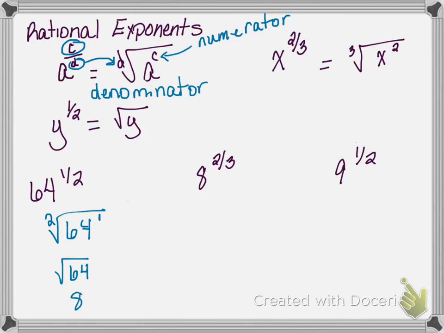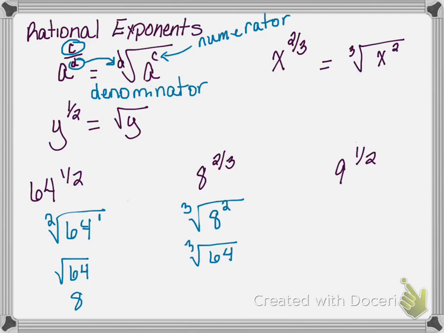Now, 8 to the 2/3, that means 8 squared. You do have to write that squared because it's not assumed. The only time you don't have to write it is when it's 1/2. And I am taking the cubed root of 8 squared, which is 64.